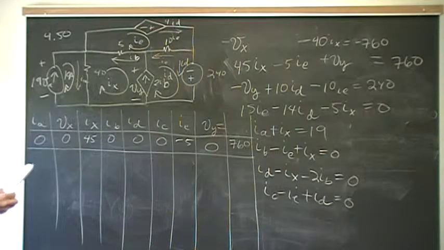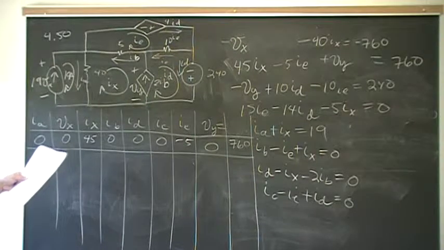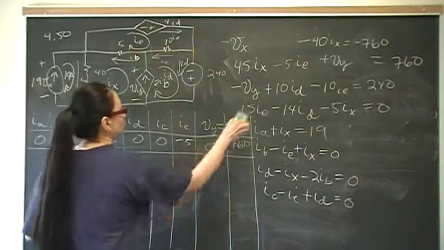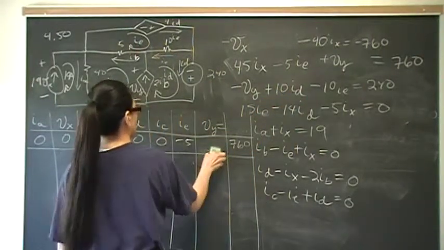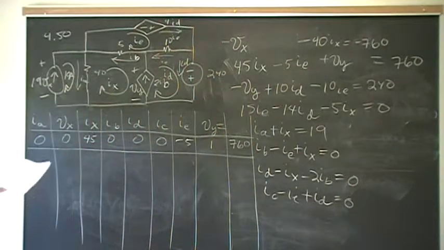I need a 1 here for VY, that term. So 45, 0, 0, 0, -5, 1, 760. Okay, so that's the first equation.